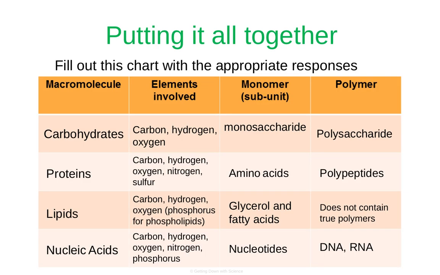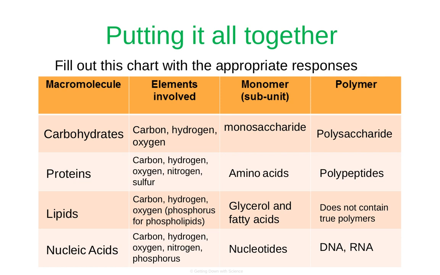And so, in summary of macromolecules in AP Biology, there are four macromolecules: carbohydrates, proteins, lipids, and nucleic acids. Of those four, they all have a monomer, but technically only three of them have a true polymer. The monomers are monosaccharides, amino acids, glycerols or fatty acids, and the nucleic acid monomer is a nucleotide.